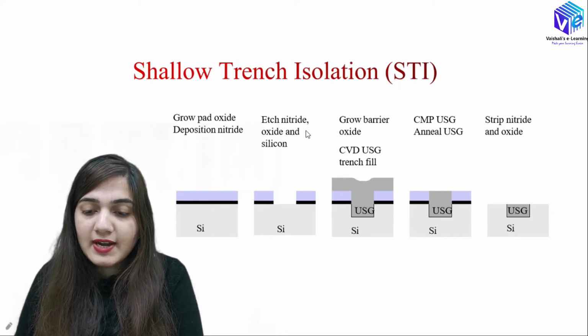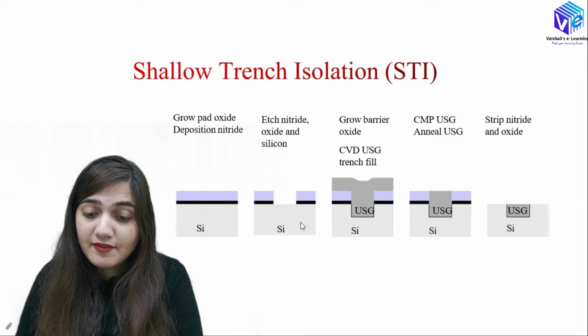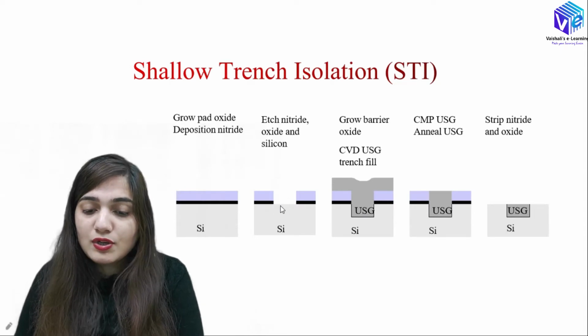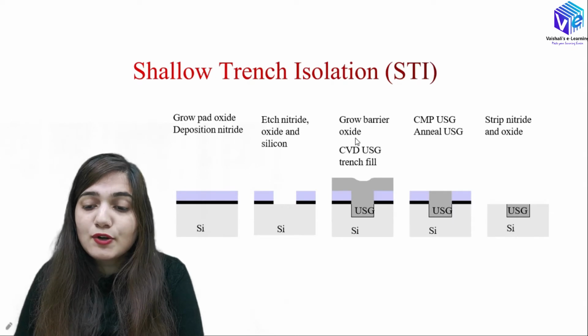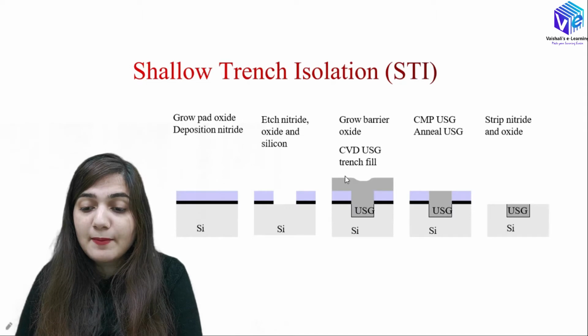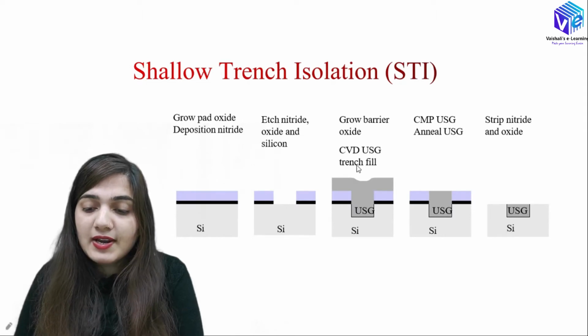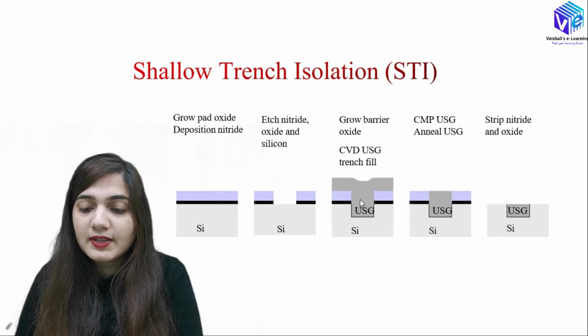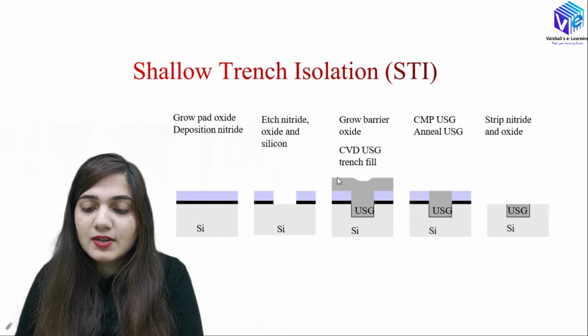After we have etched out the silicon oxide and the nitride, we have to grow the barrier oxide. Then we can use the chemical vapor deposition and fill it. The trenches are filled with the help of the undoped silicate glass. So we are filling this full area with the undoped silicate glass.